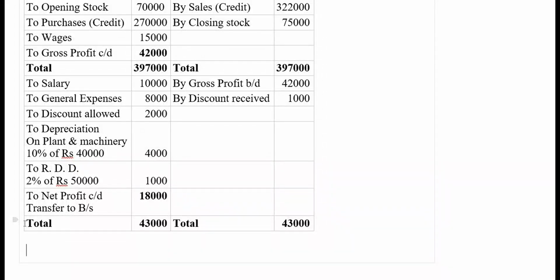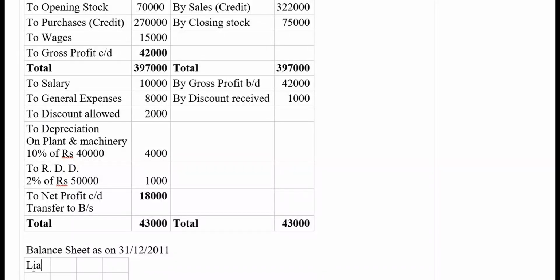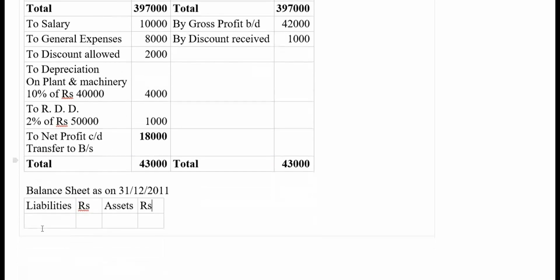The next one is the balance sheet as on 31st of 12/2011. Let me insert the table here. Liabilities, rupees, assets, rupees. Here capital is given as rupees 1,80,000, which is already given in the problem.